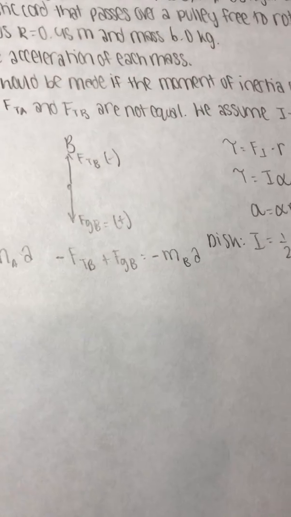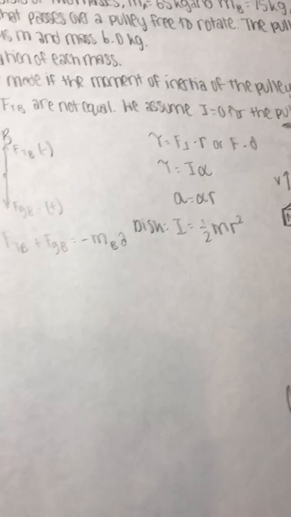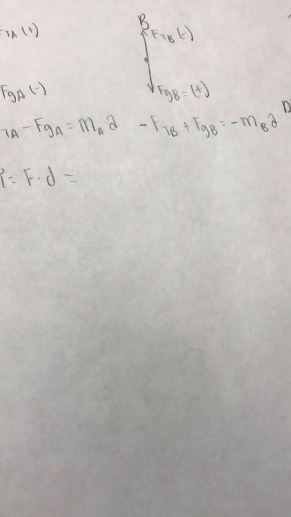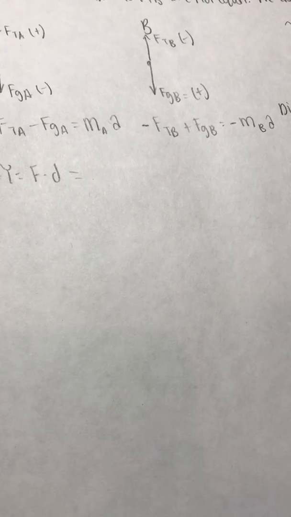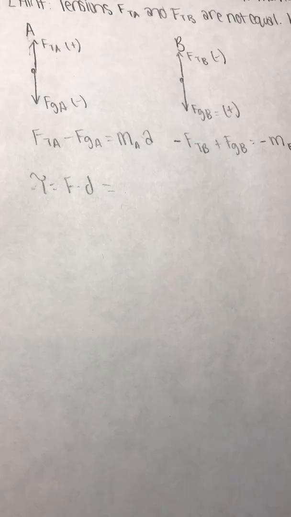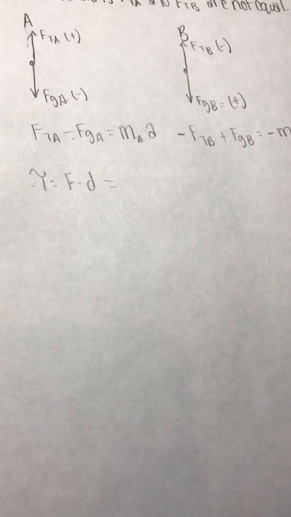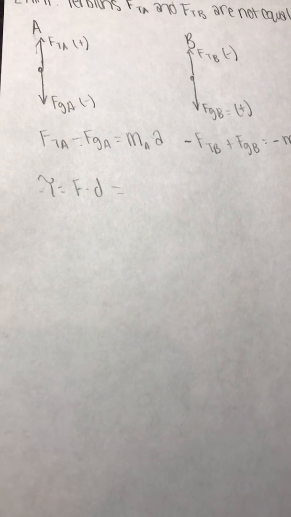So to start off this problem, what I do first is that I take my first equation over here, F times D, and we know that torque is equal to force times D. So what I'm going to do first is I'm going to be like, okay, what can I put in for my force? Well, I can take these equations in, and I can actually end up putting them in, right?